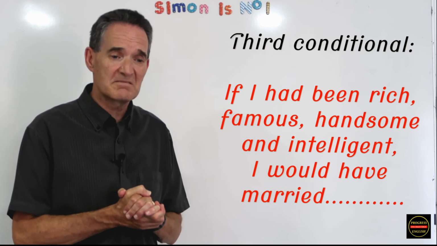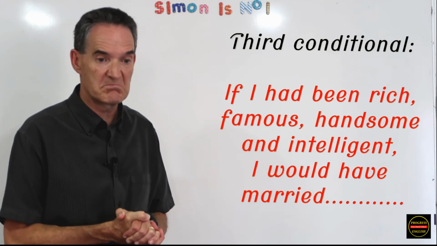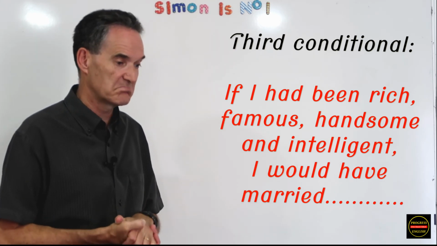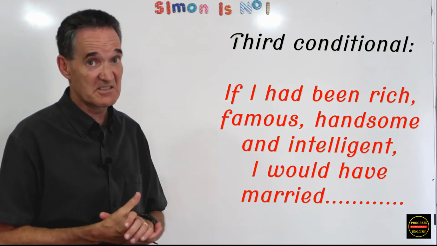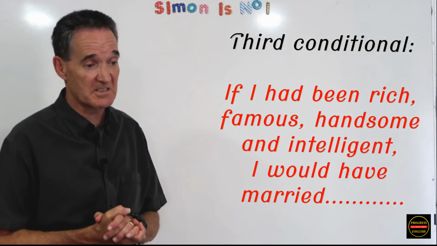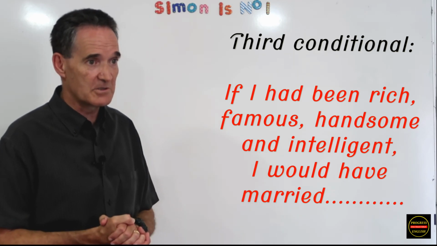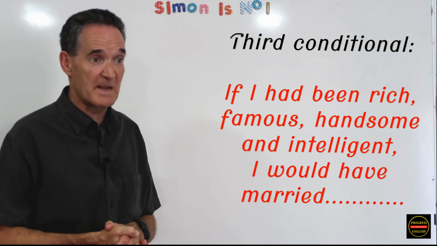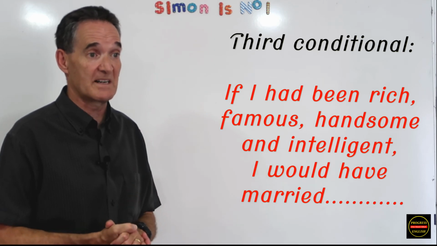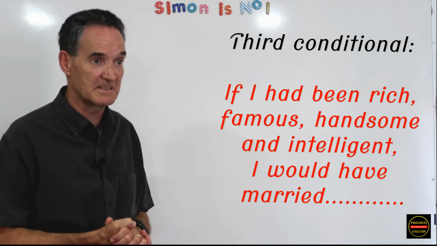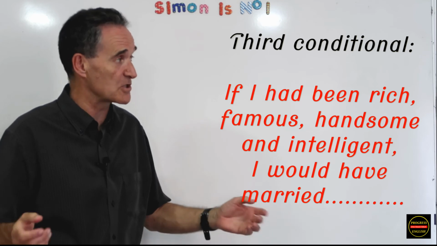But, of course, I'm not rich, I'm not famous, not handsome, not intelligent. So I'm just Simon, English teacher. So this is all just speculation about the past, I'm afraid. It's never going to happen. It's impossible.